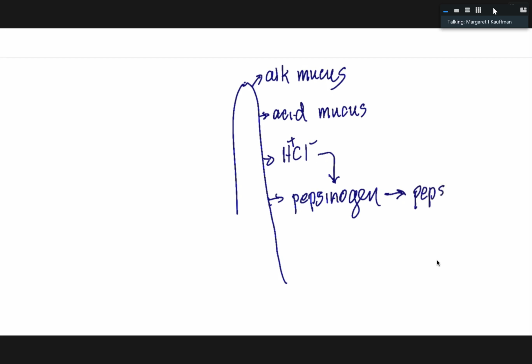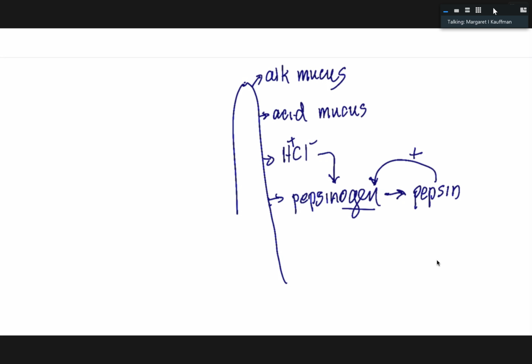So once again, when you see the "ogen" at the end of something, just like angiotensinogen or fibrinogen, that means it's an inactive form, and you need something to cut something off to activate it. Well, in this case, it's the HCl. So that's good, and also pepsin can do it for itself. So there's a little positive feedback loop going on where once you make pepsin, it will split more of the pepsinogen and convert it into pepsin.